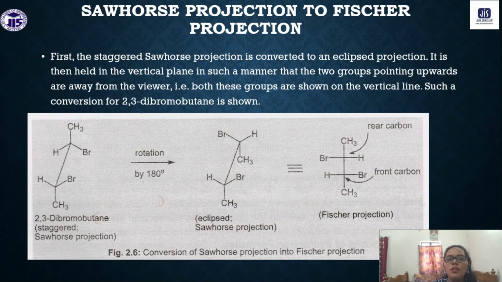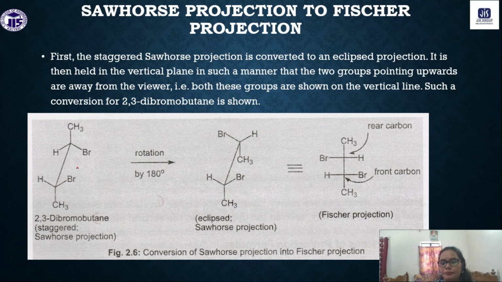Okay, now this is the Sawhorse projection to Fischer projection. You can see the methyl group, C1, 4 carbon atoms are in the same plane, right? So CH3, C1, or C2, C3 and C4, these 4 carbon atoms are in the same plane. Now we have to rotate it by 180 degrees, right?